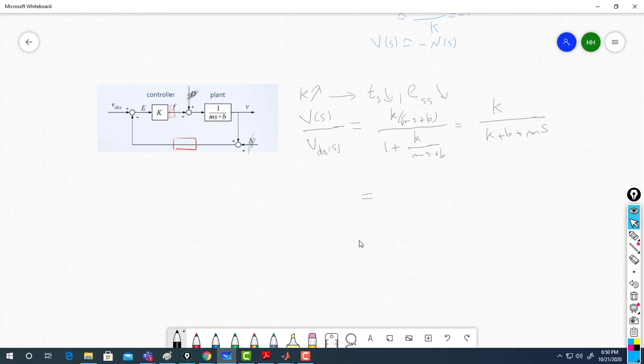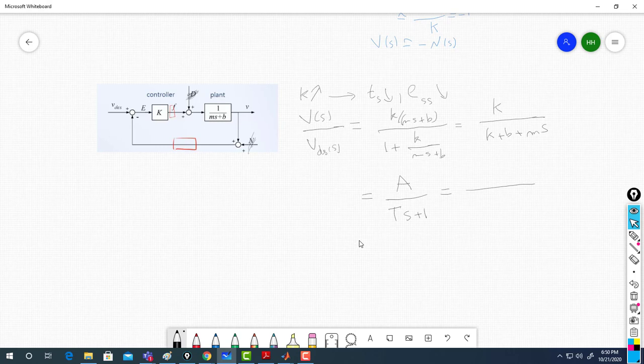If I want to write it in the form A over TS plus 1, where A is how much and T how much?